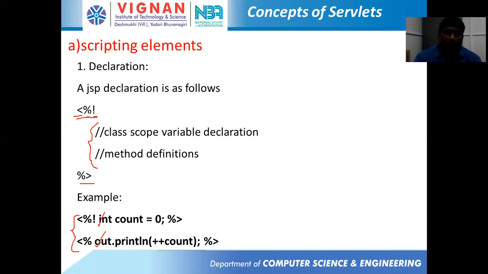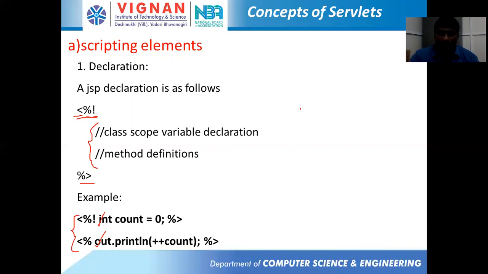What actually happens in the background? These are placed into the Java class scope as instance variables and instance methods in the servlet. Why? Because the JSP engine translates the JSP file into the corresponding servlet file. So what we have written in this declaration is placed as instance variables as well as instance methods.